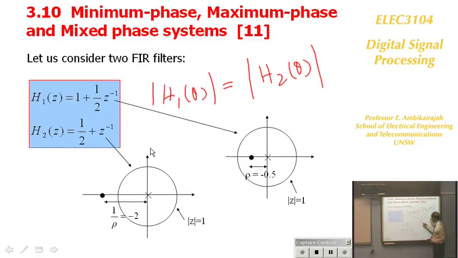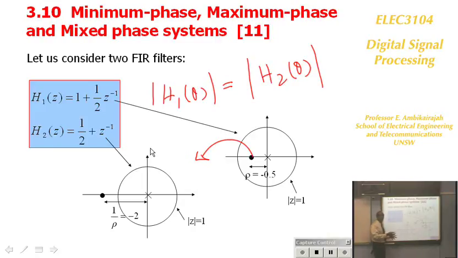So by reflecting the 0 outside or reflecting the 0 inside, whichever, reflecting using the inverse, 1 over the 0 value, you can show that the magnitude responses are the same. But if you look at the phase response of them, they're different. So the zeros actually shift the magnitude, but by moving the 0 inside the unit circle or outside the unit circle by this inverse property, you will get the same magnitude response but different phase.